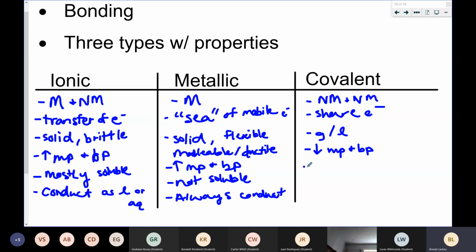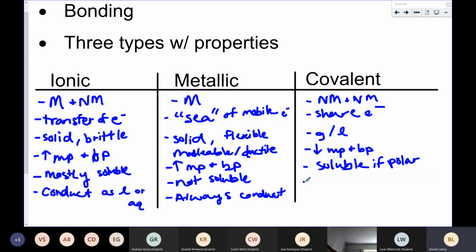In terms of solubility, these are going to be soluble if they're polar. I remember we talked about how like dissolves like, where polar substances dissolve polar things, nonpolar things dissolve nonpolar things. So these are soluble in water, but only if they're polar, only if there are attractions between the covalent molecule particles and the particles in water.